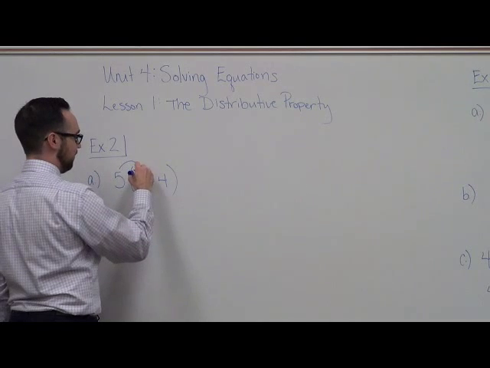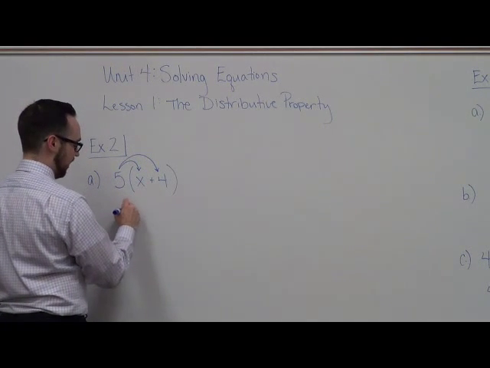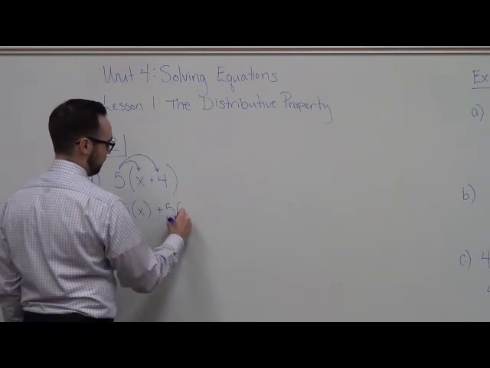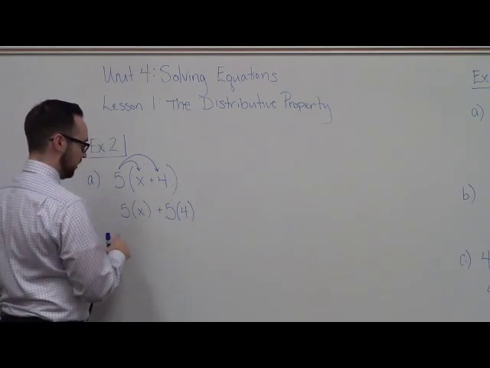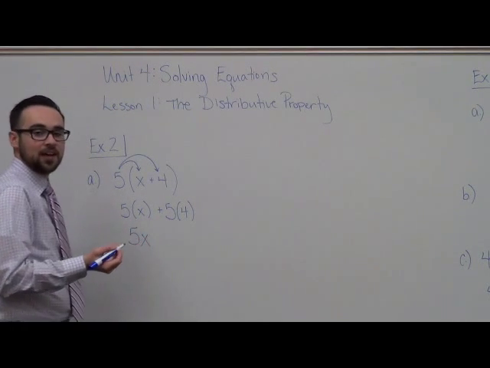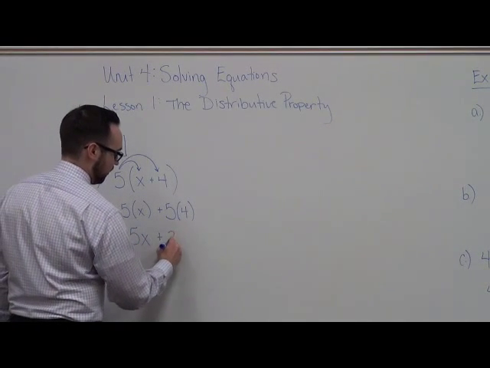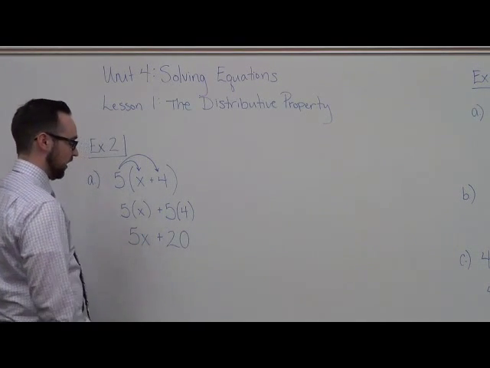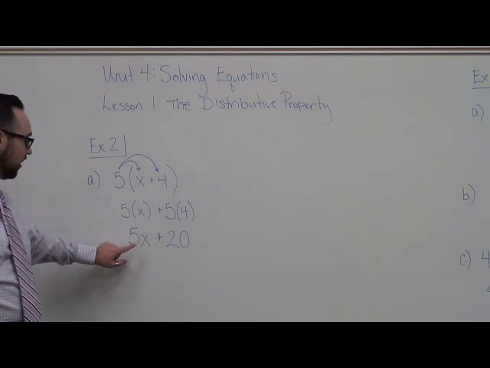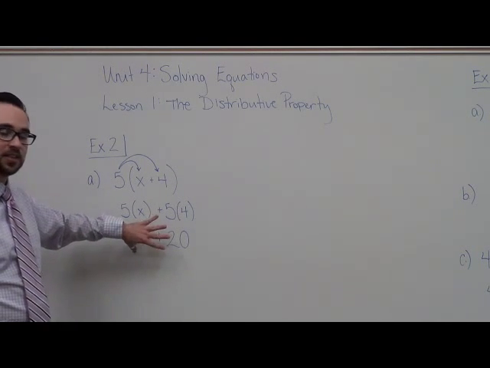So again, you take the 5 and you're going to multiply it by both things. So 5 times x plus 5 times 4. Now 5 times x is just 5x. We don't know what that is, but it's just 5x plus 5 times 4 is 20. And that's where that one is going to stay, because we don't know the value of x, and we can't add these because there's an unknown value here. So those have to stay separate.